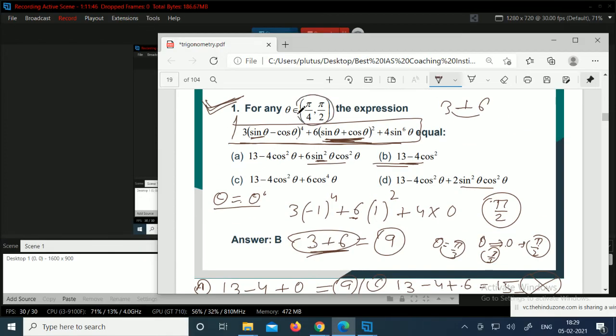We have to choose the theta value from this interval. If we use 60 degrees, I think all the wrong options are eliminated, because this theta is lying in this interval. So are you getting my point? We can use that kind of thing if some lengthy calculations are there.